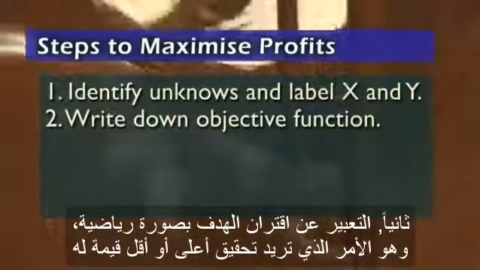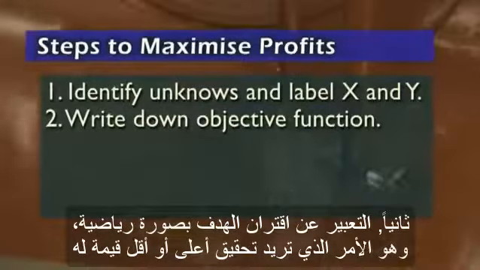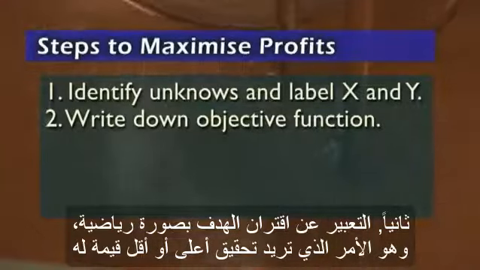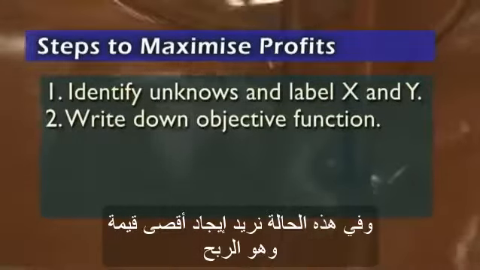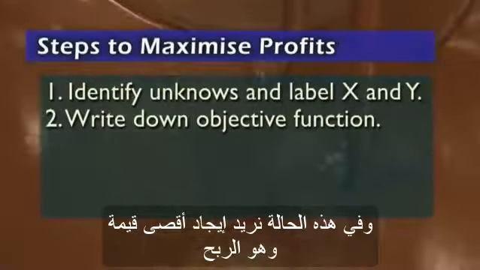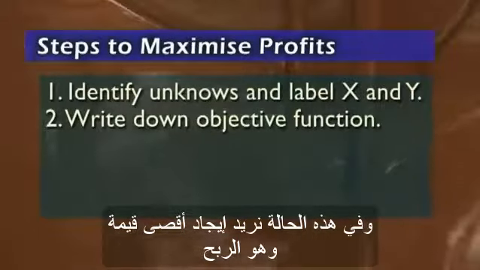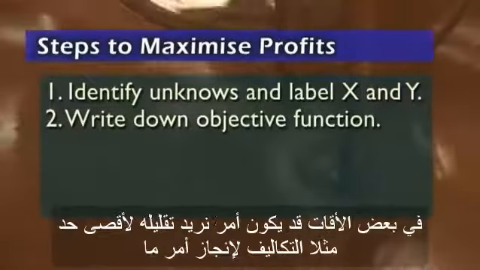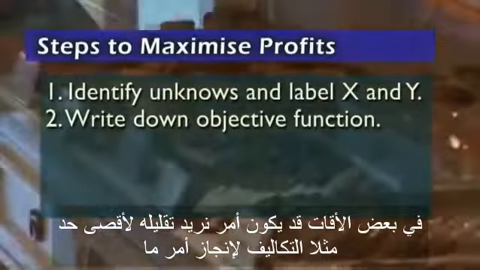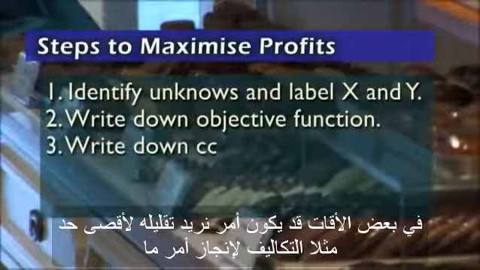Second, write down an expression for the objective function, the thing you wish to maximise or minimise, and express it in terms of X and Y. In this case, we've got something to maximise, profit. Other times it might be something to minimise, such as the cost of doing something.